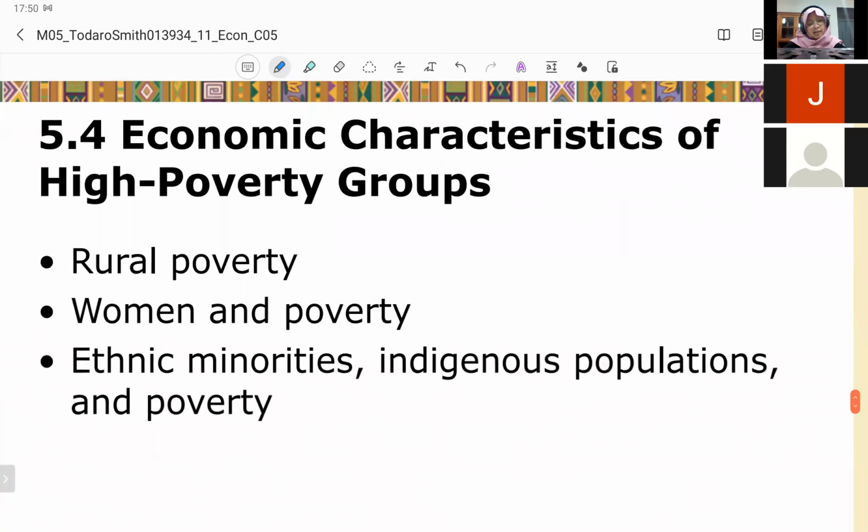Okay, then these are some characteristics of high poverty groups. They are usually rural poverty, so they are poor and they live in the rural area.